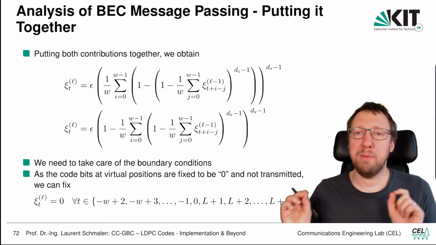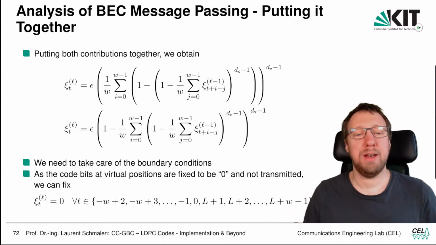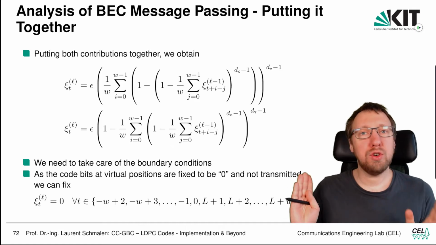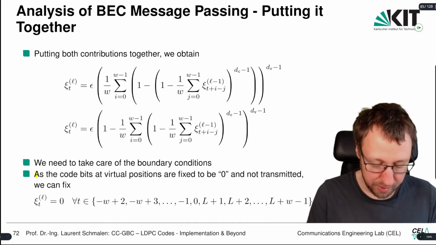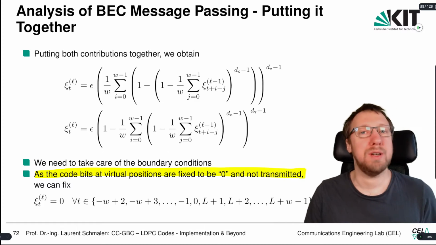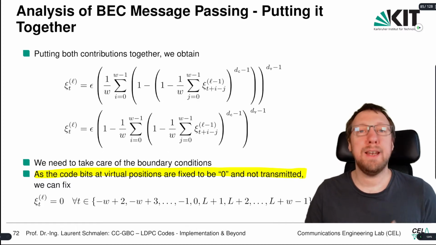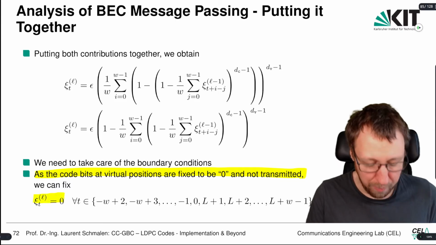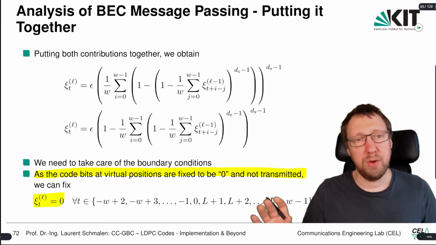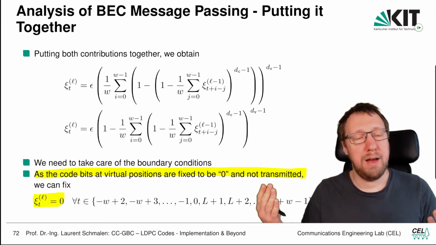We need to take care a little bit about the boundary conditions. So at the boundary, we have the following situation. We don't transmit the virtual positions, and the code bits of the virtual positions are not transmitted. They have erasure probability 0. So the variable nodes at the boundaries always have perfect knowledge.